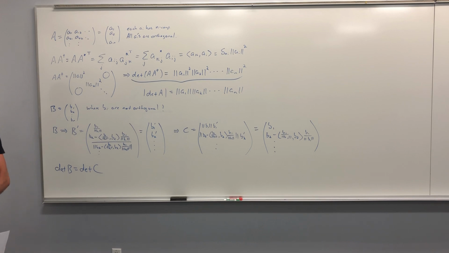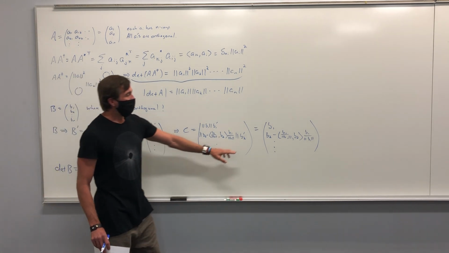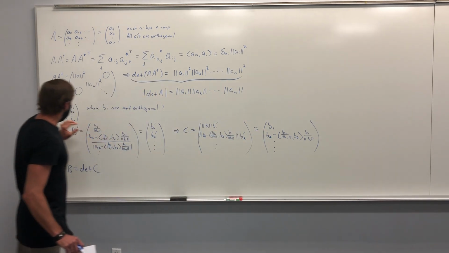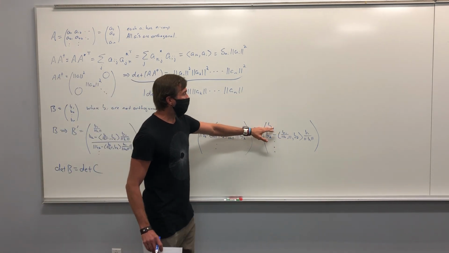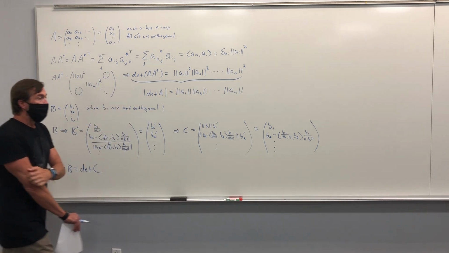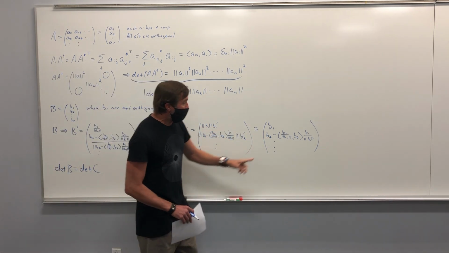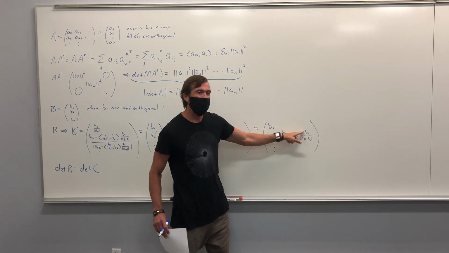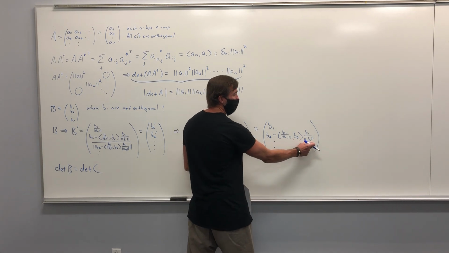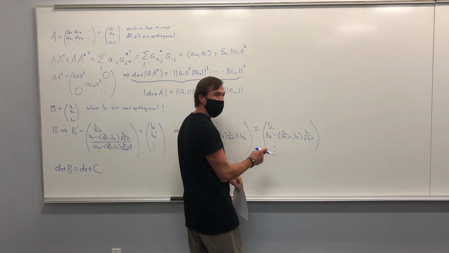So I remember back when we were talking about determinants, we had one property where you could move the columns around as much as you wanted to. Look at what we're doing to this to get this. We're taking the first row and not doing anything to it. But for the second row, we're adding a constant times the first row. All of this is a number. That thing right there is the first row.